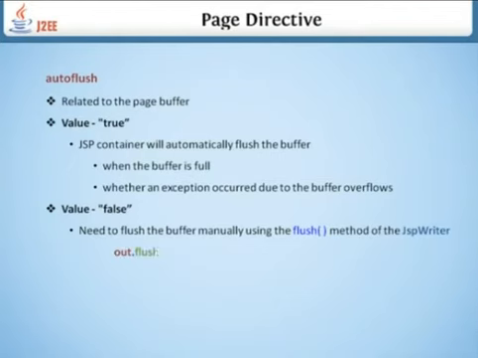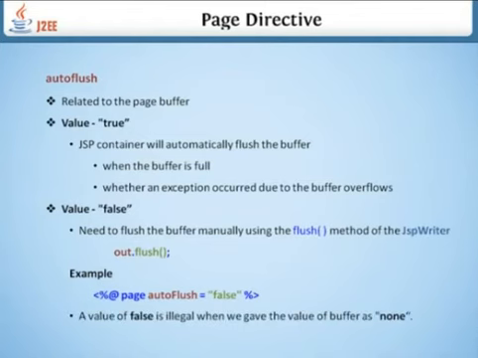Example: page autoFlush equal to false. A value of false is illegal when we give the value of buffer as none.